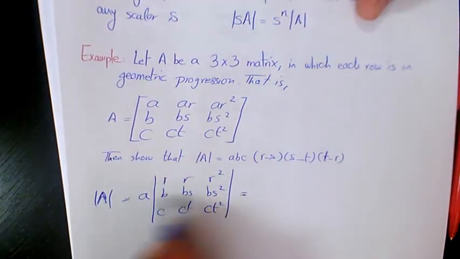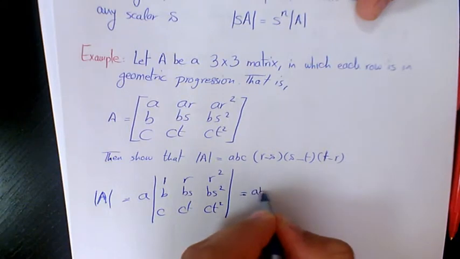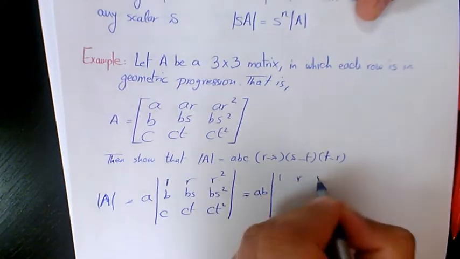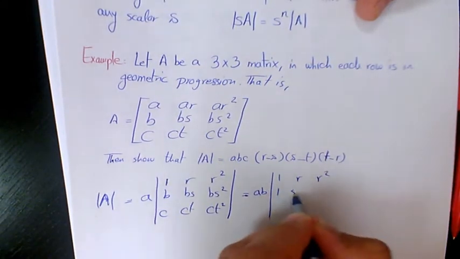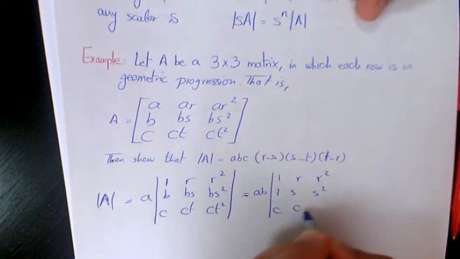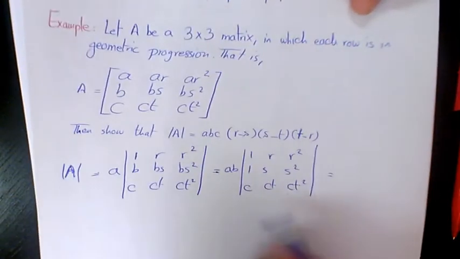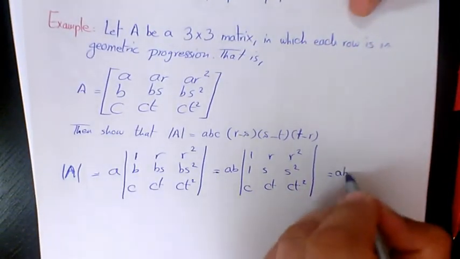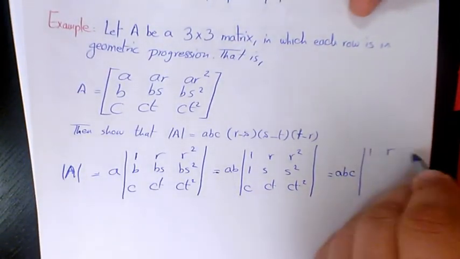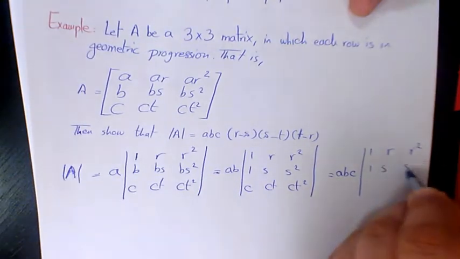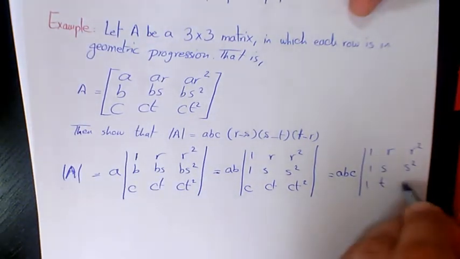Now if you factor B from the second row, it's going to be AB, 1 R R squared, 1 S S squared, C CT CT squared. And then you can take C out: ABC, 1 R R squared, 1 S S squared, 1 T T squared.